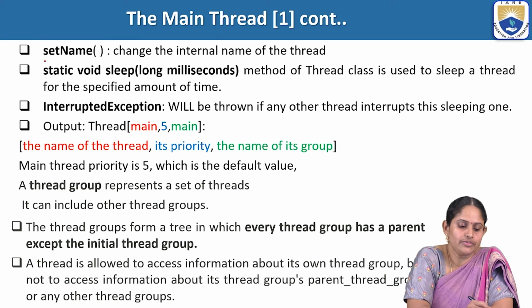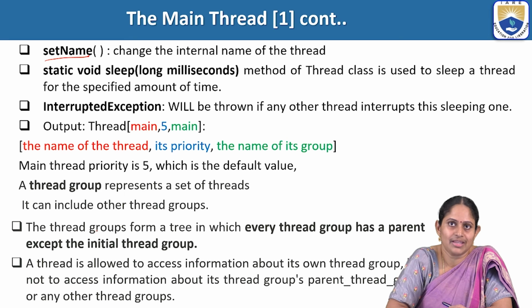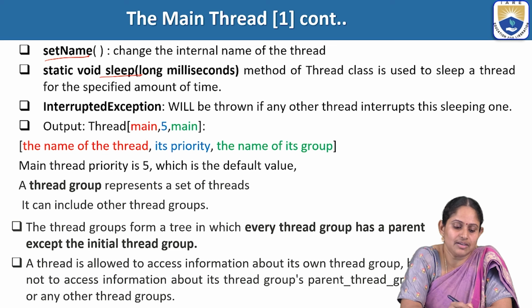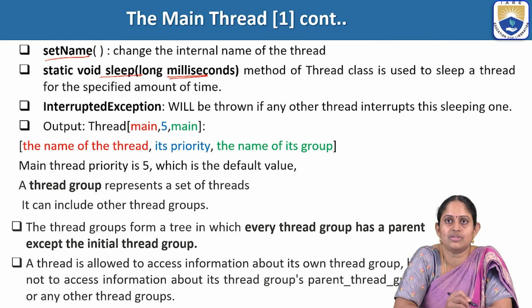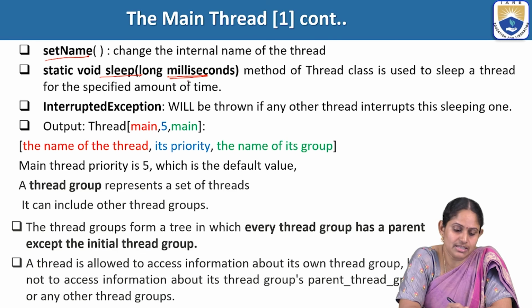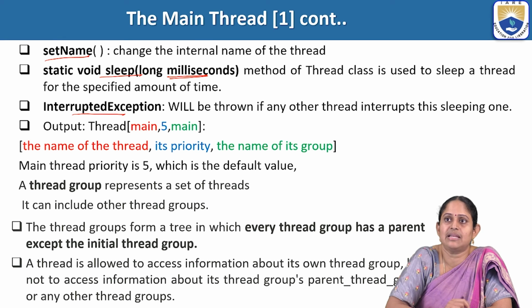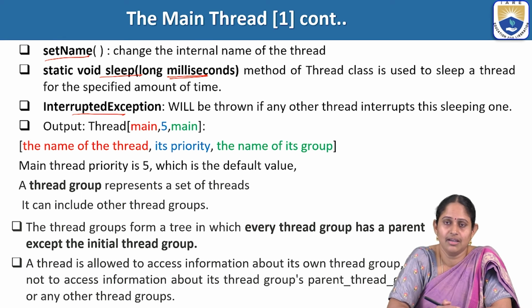We make use of the setName method to change the internal name of the thread. Then the sleep method is called, and it will make the thread sleep for the specified milliseconds. An InterruptedException will be thrown if that sleeping thread is interrupted by someone.